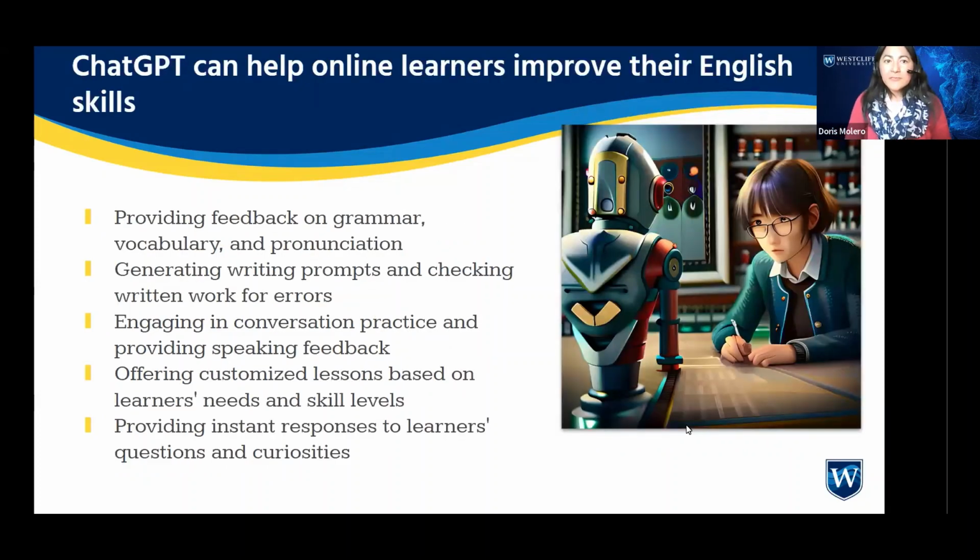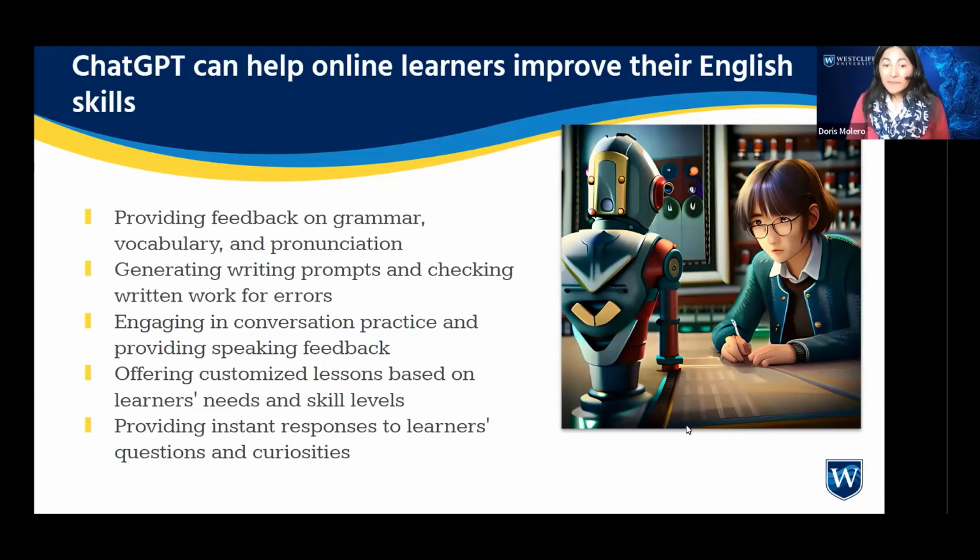How can ChatGPT help online learners improve their English skills? Well, so far, based on my experience using ChatGPT with my students and based on the growing literature that records experiences in language classes every day, we found that ChatGPT can analyze written and spoken English and provide feedback on grammar, vocabulary, and pronunciation.